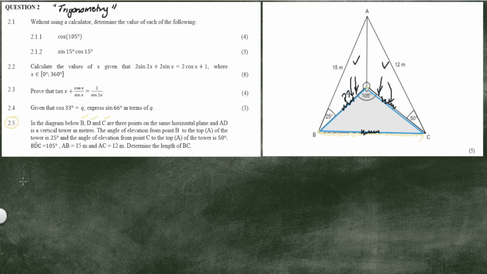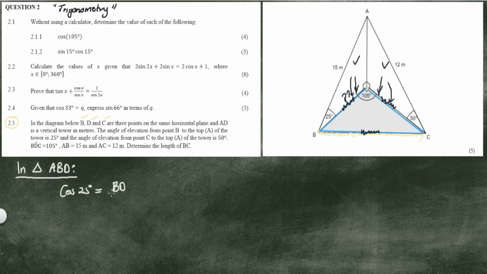Starting in triangle ABD, it's actually a right angle triangle. So we're going to apply SOHCAHTOA to work out the base BD, which is the adjacent side to this 25-degree angle. We say cos 25 degrees is equal to adjacent over hypotenuse.